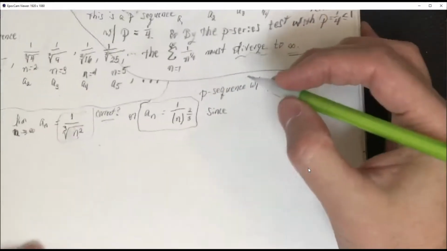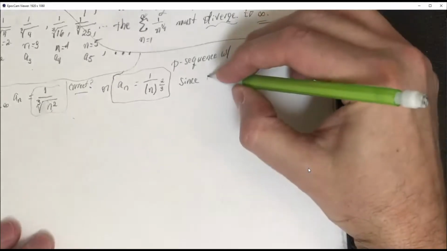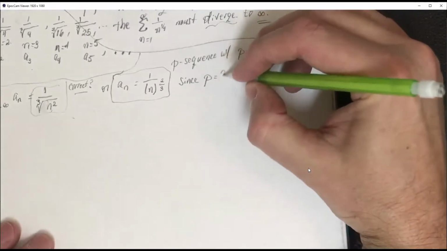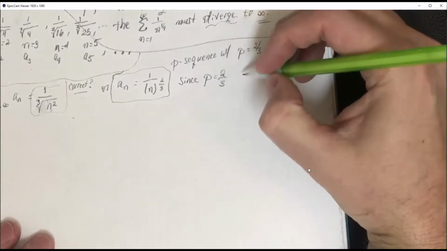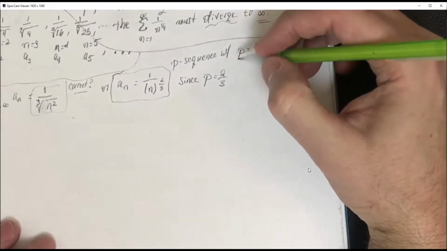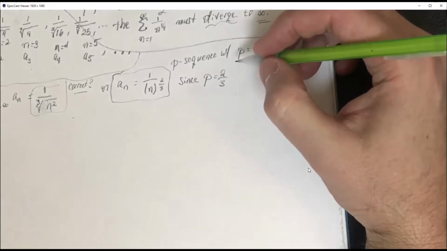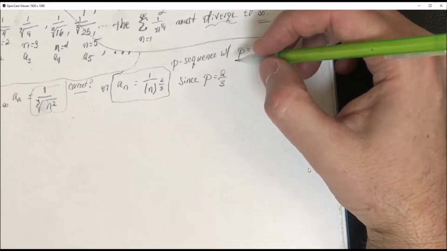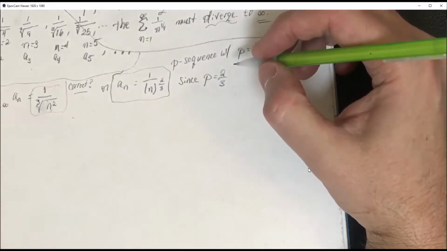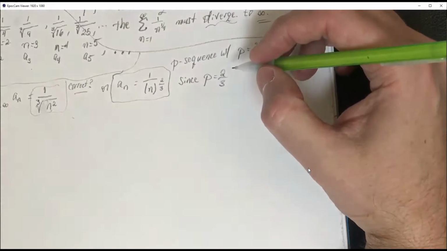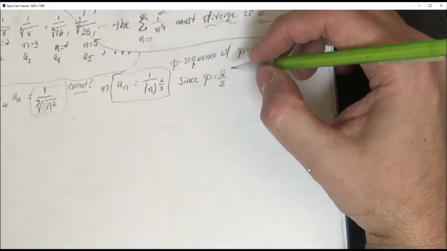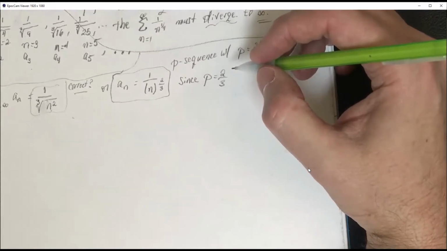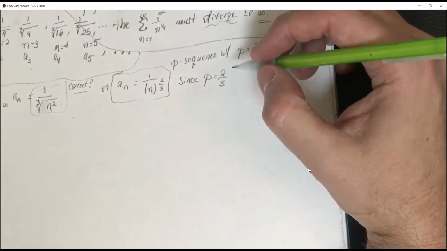Since p equal to 2/3, what are we supposed to be comparing it to if we're going to use the p-series test? What two possibilities? 1. So if it's greater than 1, and what's the other situation? If it's between 0 and 1, but not including 0.